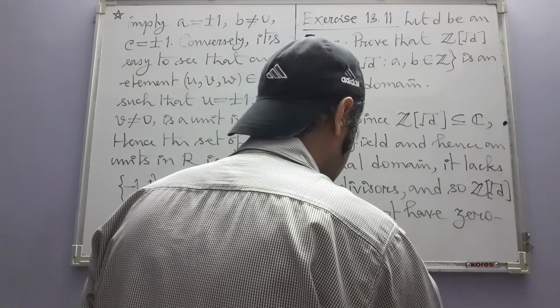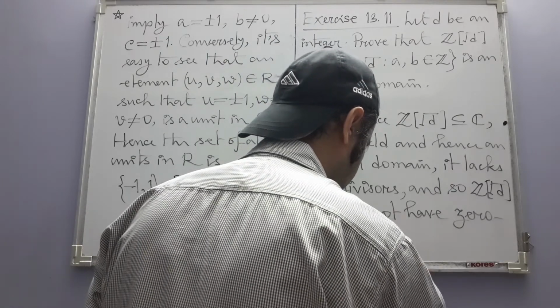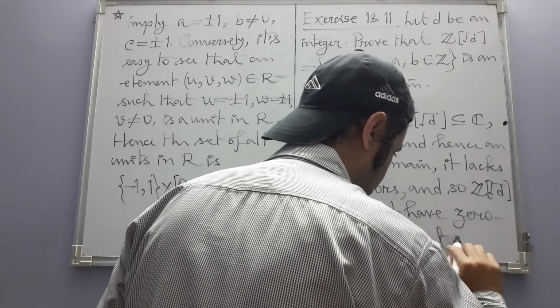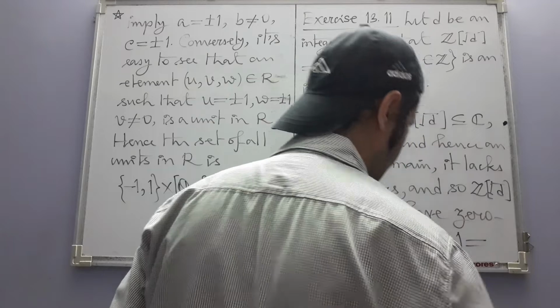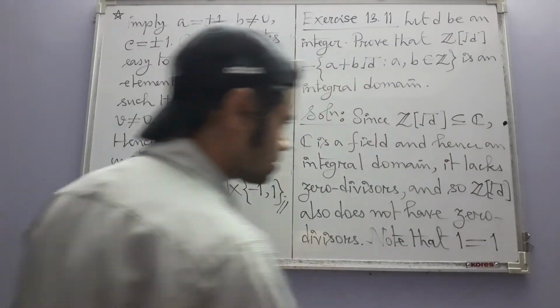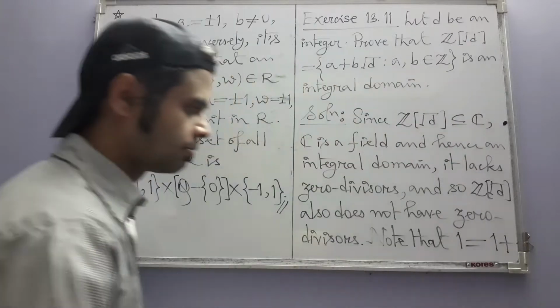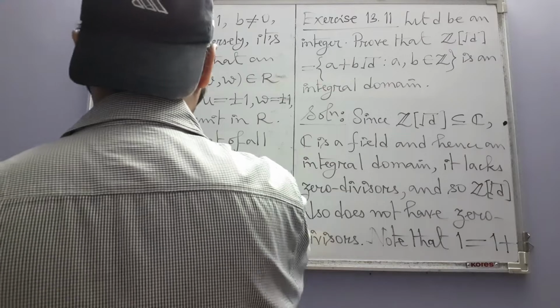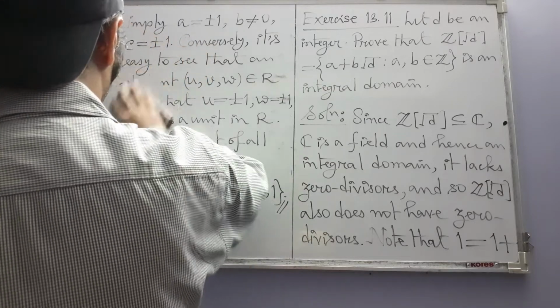Okay. Note that the complex number 1 can be written as 1 plus 0 times square root of d, irrespective of what d is.